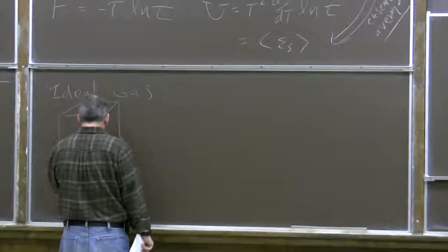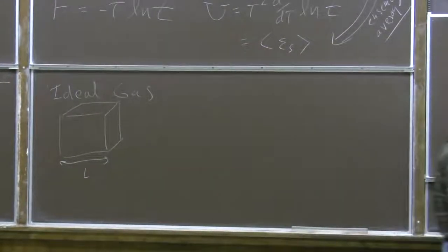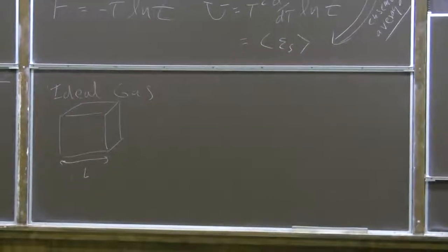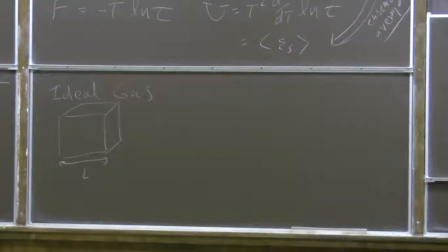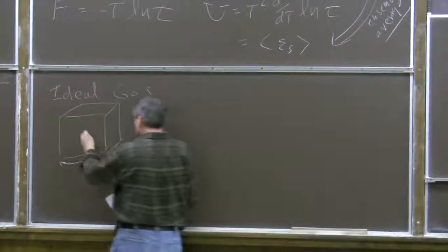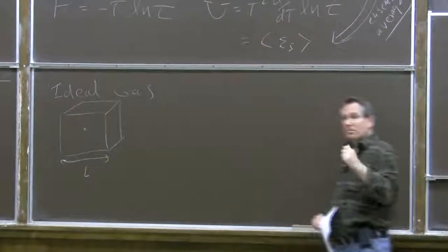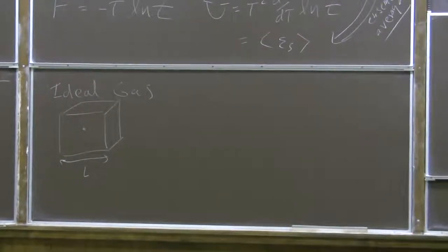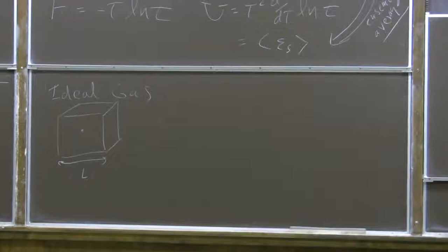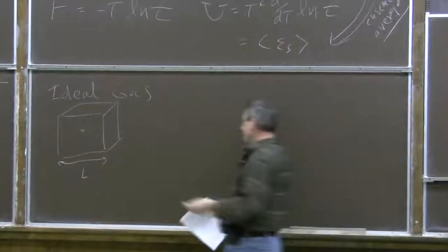It has side L. And there are going to be particles in the box which are non-interacting. They don't have any mutual potential energy. They only have kinetic energy. In fact, let's start out with just one particle. We're really interested in the case where there are many, but it'll be useful as a step towards analyzing the case where there are many particles to consider the case where there's just one.